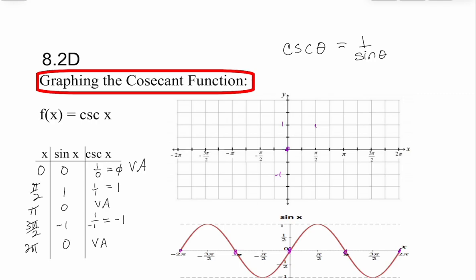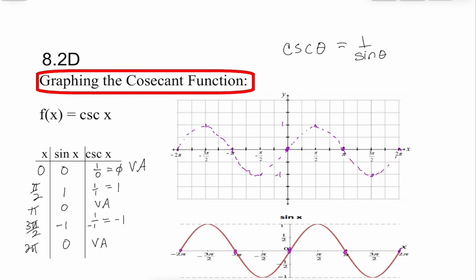At pi over 2, it is 1, back to 0, negative 1, back to 0. So let's just make that a dashed line. Now let's go ahead and stretch out on our graph paper, because remember, these functions are periodic. They are going to repeat. And so that's what our sine function looks like.